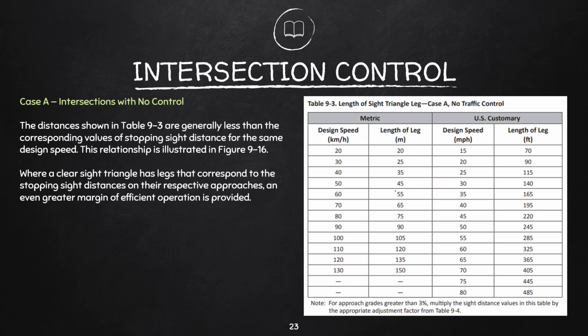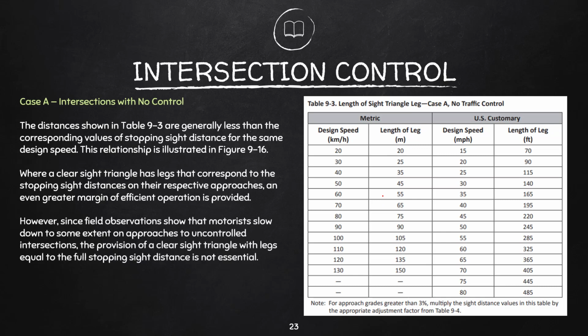These values are the minimum required length of leg. Stopping sight distances will have more when comparing the different design speeds. Later we will show figure 9-16 to demonstrate that. So if you provide more distance, then that would be more efficient and safer.